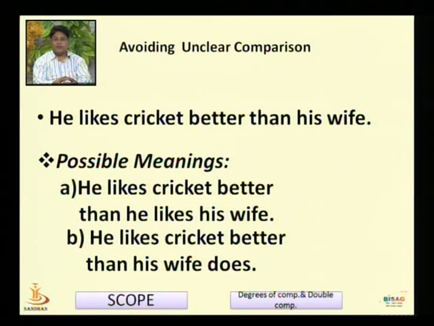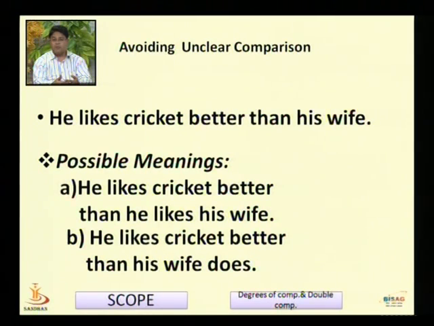Now the sentence is in comparative degree, but it is an example of unclear comparison, and in our conversation we should avoid such unclear comparison because this sentence may have two possible meanings.